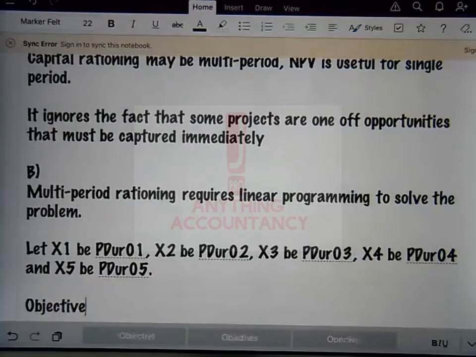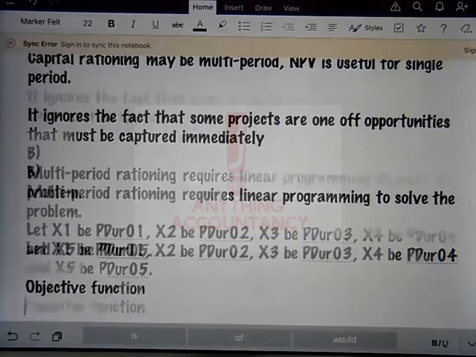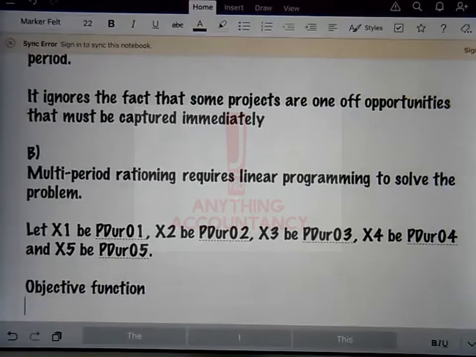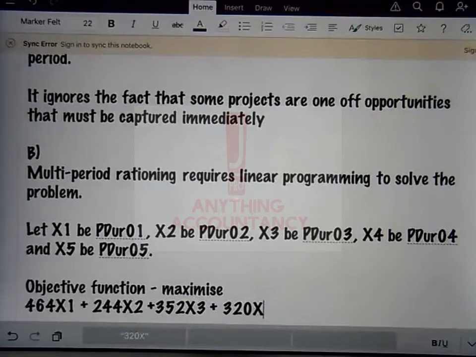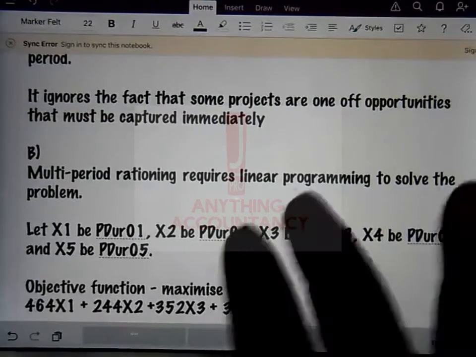The objective function is going to be: maximize, 244 x2 plus 352 x3 plus 320 x4 plus the last one, ours was how much?